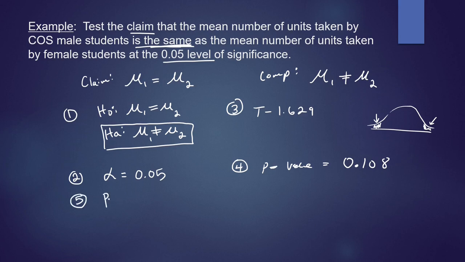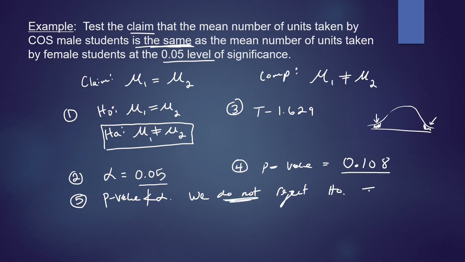I always ask myself, is the p-value less than alpha? Is 0.108 less than 0.05? No, it is not. So we do not reject the null hypothesis.